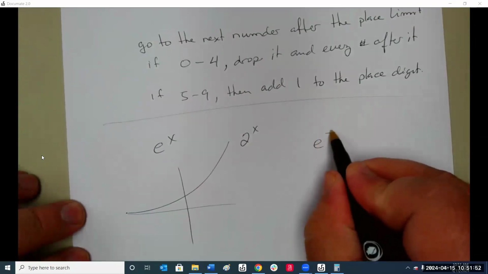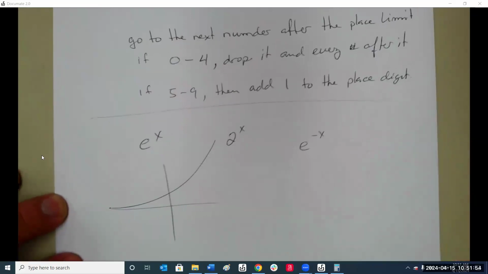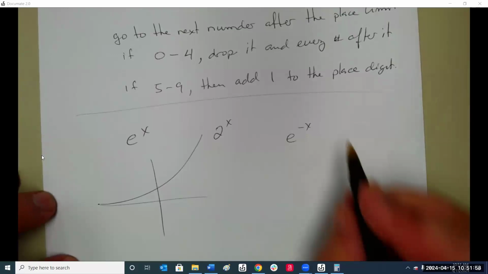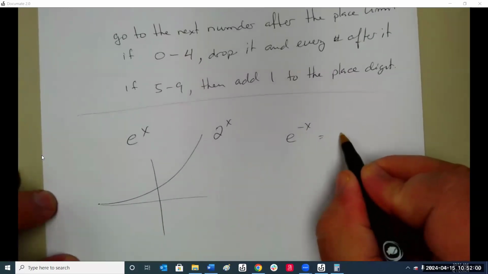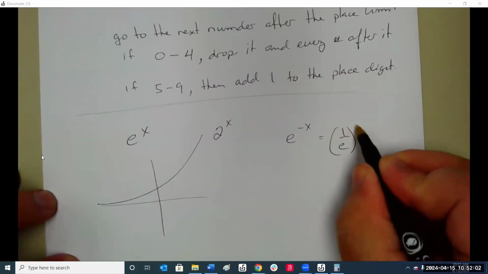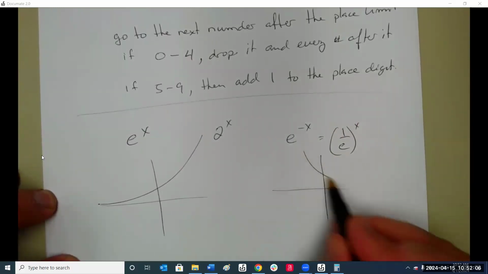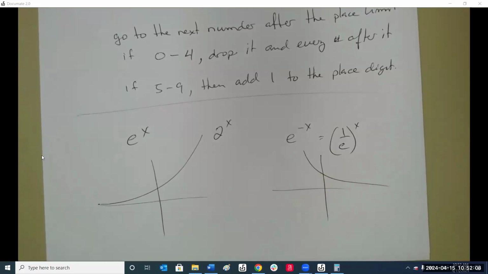And if we had that, remember what the negative does? It makes it into a fraction. So then this one would look like this. So you treat it the same way we normally do. It's just a constant.